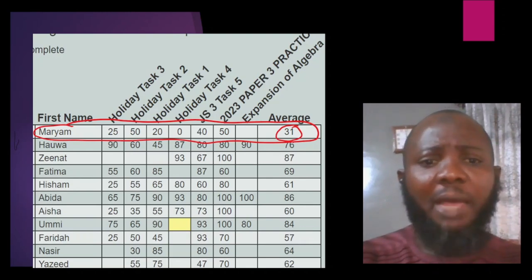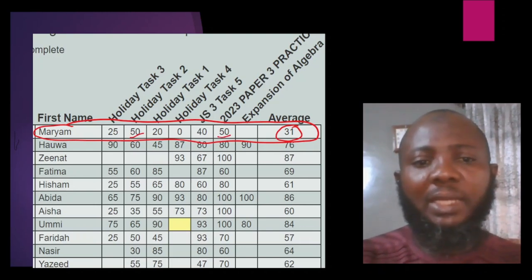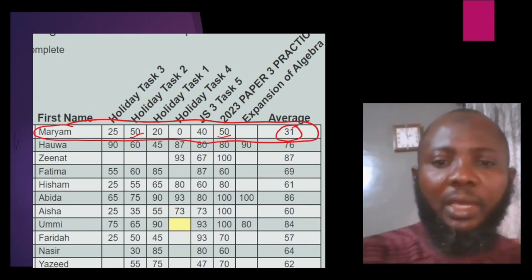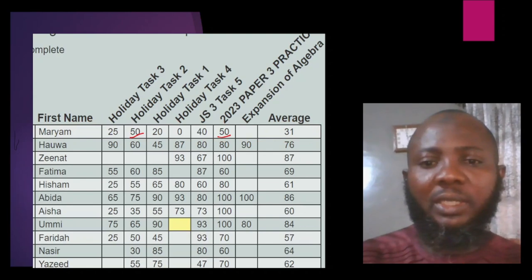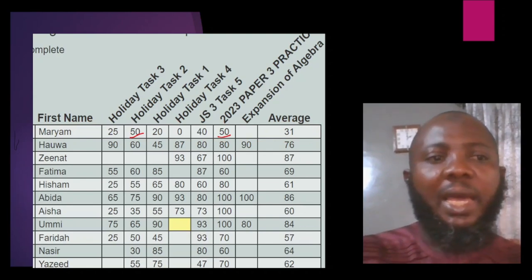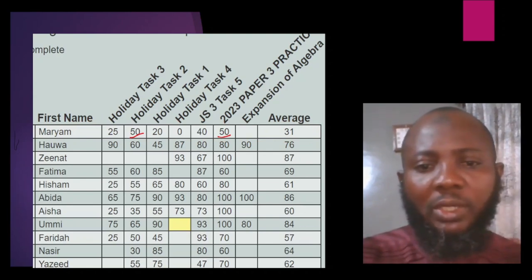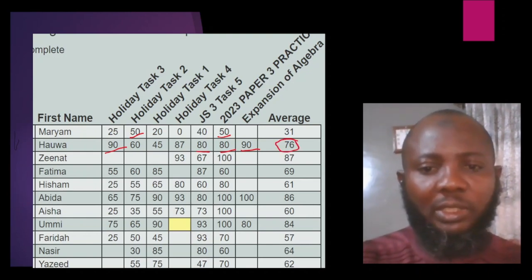Then, you can see that she scored 50 twice throughout the term. If you look at the second person, however, our average score there is 76, as you can see, and she scored 90 twice. She scored 80 twice. You understand? So you can see the average score is quite different.